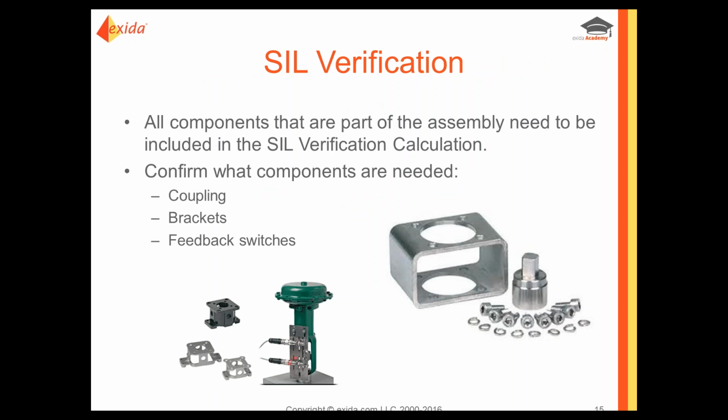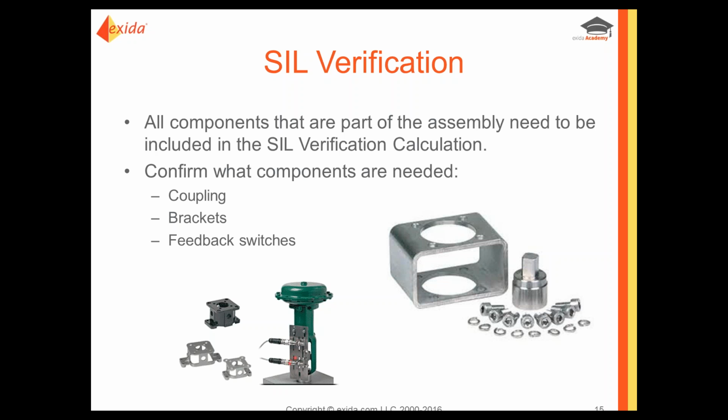From my experience, I would say less than 20% of valves and actuators have all the components you would need to include to make it a working final assembly. So those components, such as a coupling, need to be identified and added into the SIL verification calculation as potential additional failures.